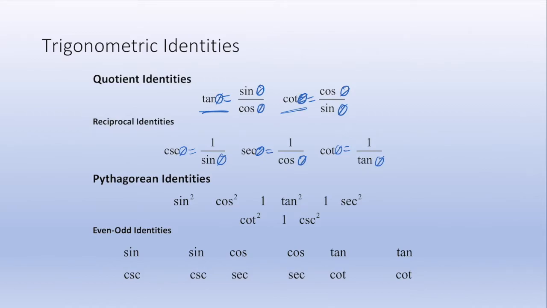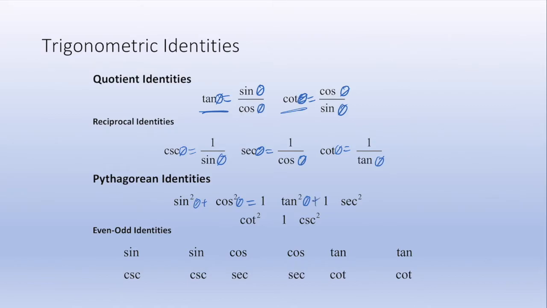We also have that sine squared of theta plus cosine squared theta is 1, and tangent squared of theta plus 1 equals secant squared theta.